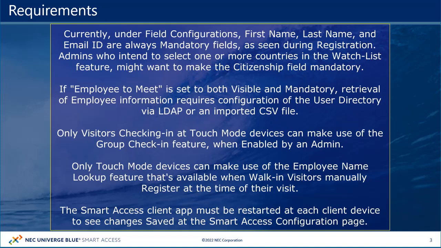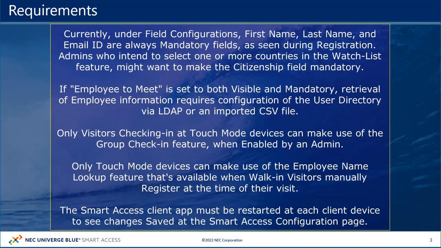Only visitors checking in at touch mode devices can make use of the group check-in feature when enabled by an admin. Only touch mode devices can make use of the employee name lookup feature that's available when walk-in visitors manually register at the time of their visit.